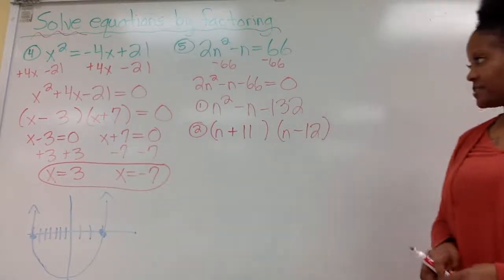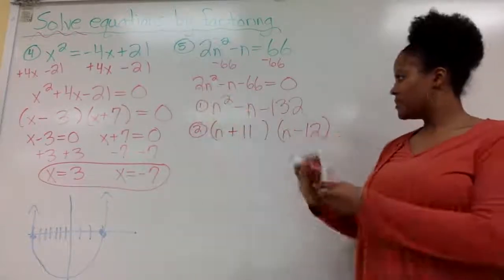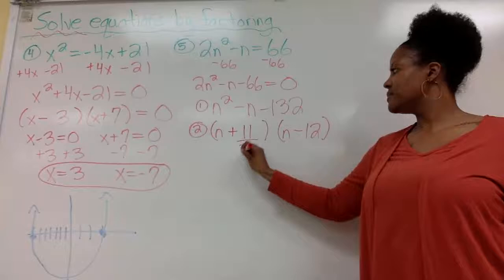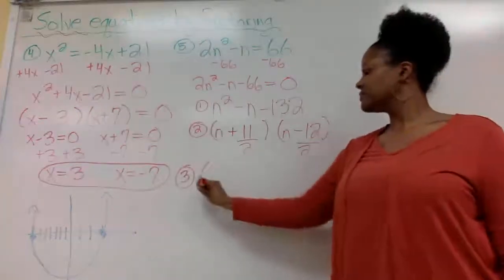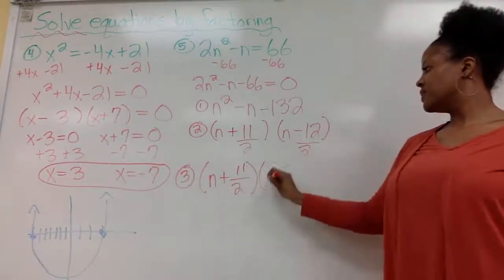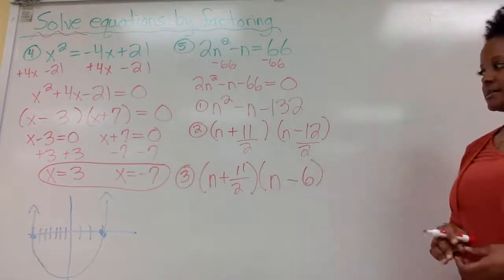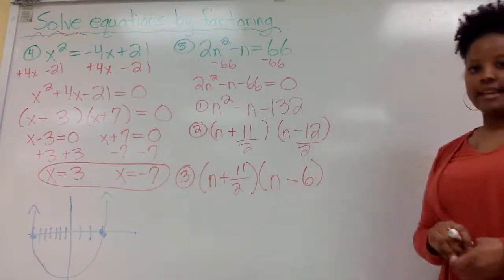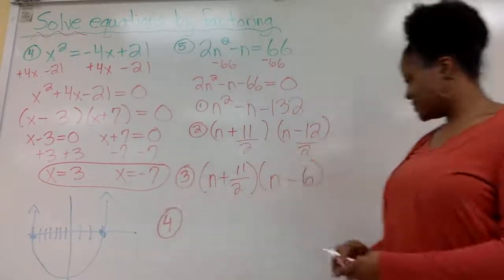Step 3, divide by the first number in the problem. The first number in the problem is the number 2. So I'm going to divide by 2. So step 3, n plus 11 halves, n, reduce, always reduce, minus 6. And last step, because it's a 4-step process, I need to get rid of fractions.